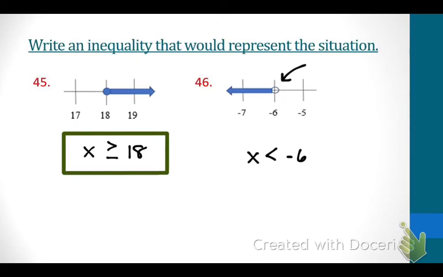Notice it's an open circle, which is why he did not give us an equal to sign right there. And remember another way that I told you, this is a less than sign and this arrow looks like a less than sign, so that's another great way to help you out, okay? So continue working through your midterm review sheet, and hopefully this is helpful to you today for studying.